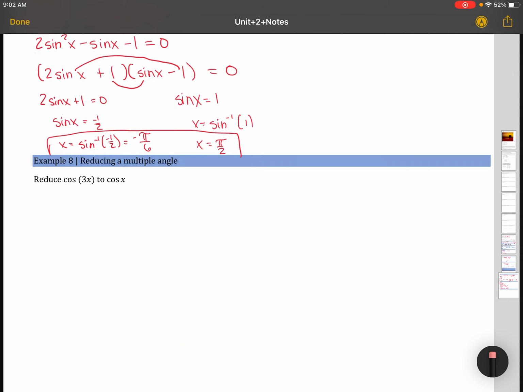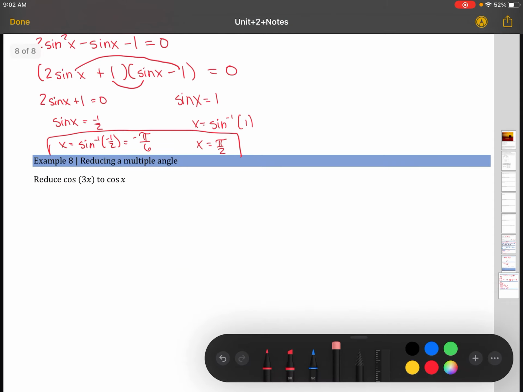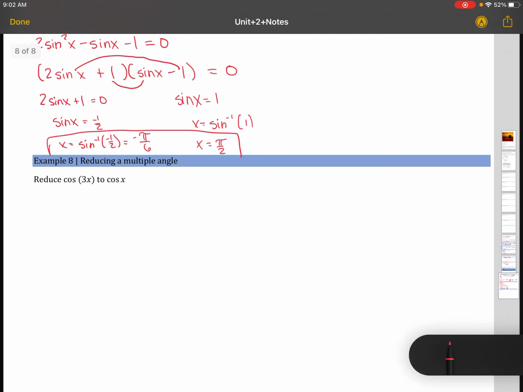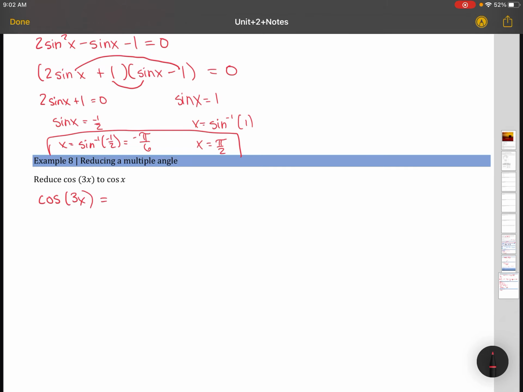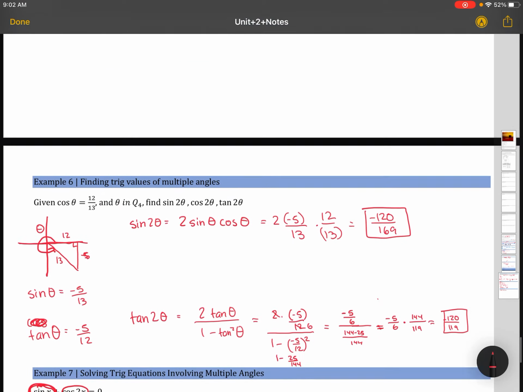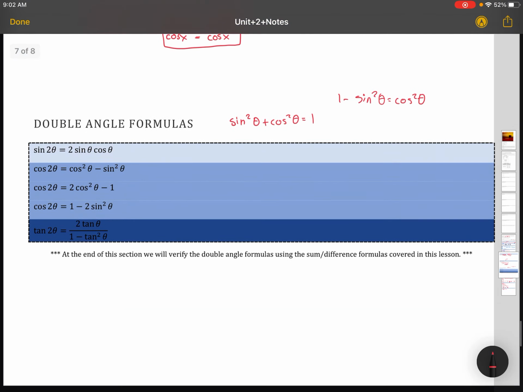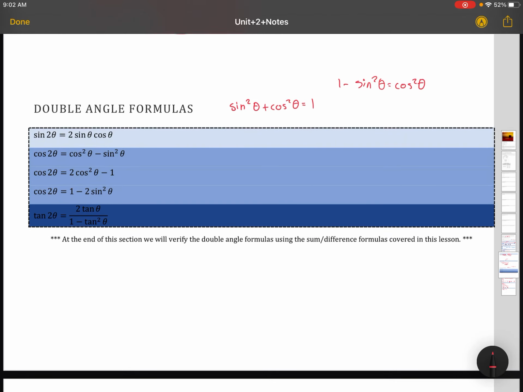And so the last one is reduce cosine 3x to cosine x. Well, let's see. So first, we can say cosine 3x is equal to cosine of 2x plus x. We want to reduce this to just cosines.